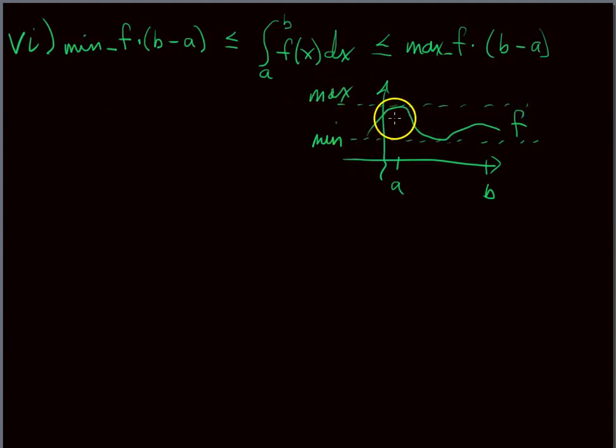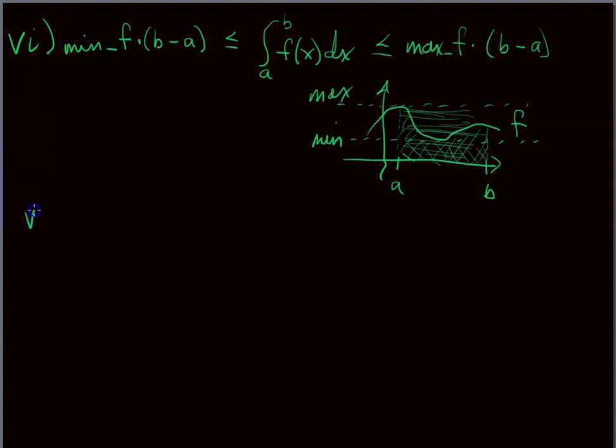But the area under the curve would be this area down here. Well, this minimum height times the b minus a is just this rectangle down below. That is less than the area I just shaded in, which is the area under the function, which is less than this big rectangle because of that maximum height here. Sort of logical, if you draw a picture you can see it.